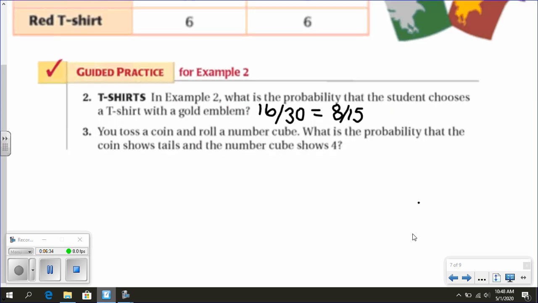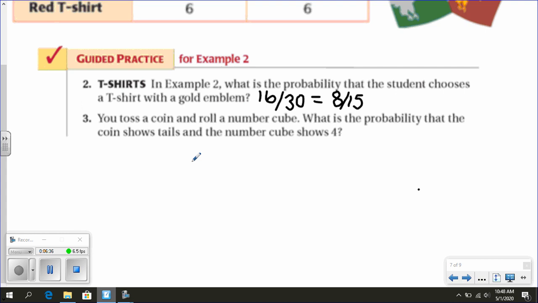All right, and then this goes back to tossing a coin and rolling a number cube. What is the probability that a coin shows tails and the number cube shows 4? Well, let's figure out first what is the total number of outcomes. So tossing a coin, there's a total of 2 outcomes. Rolling a die, 6 outcomes.